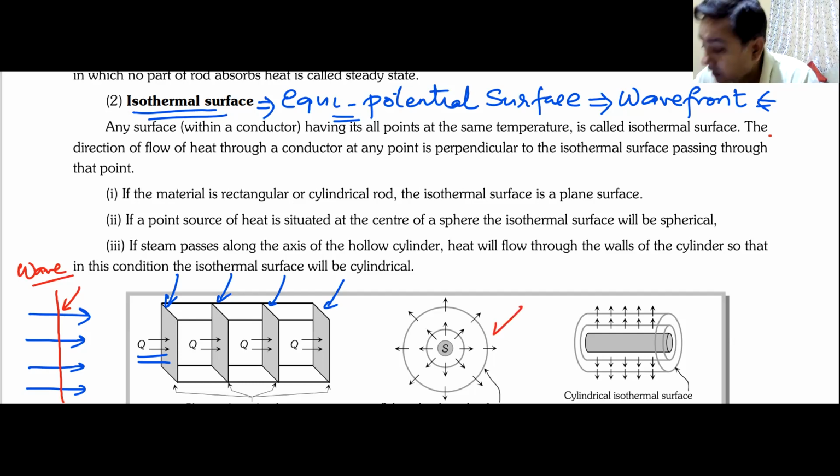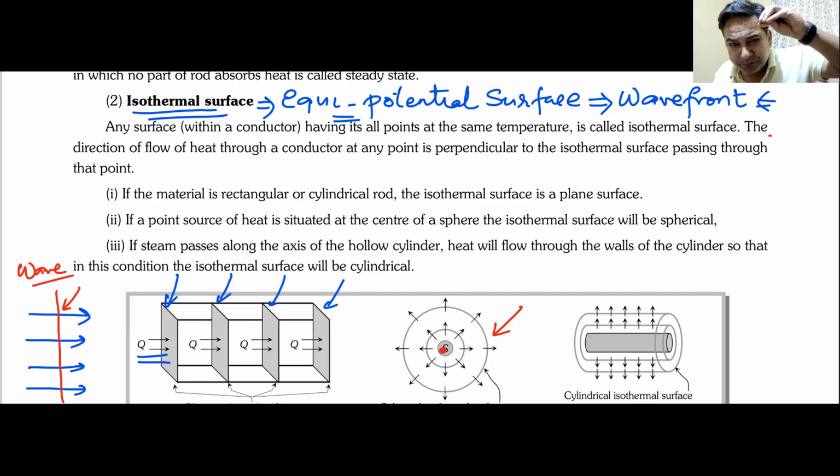Who creates spherical equipotential surface, or spherical isothermal surface, or spherical wavefronts? Who will create a spherical wavefront? Any point source of light or any spherical source of light. Do we understand this? Sir.